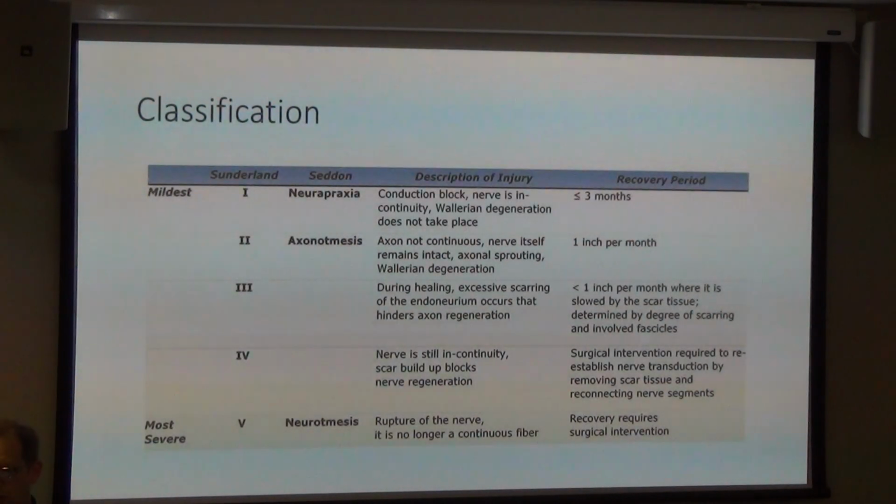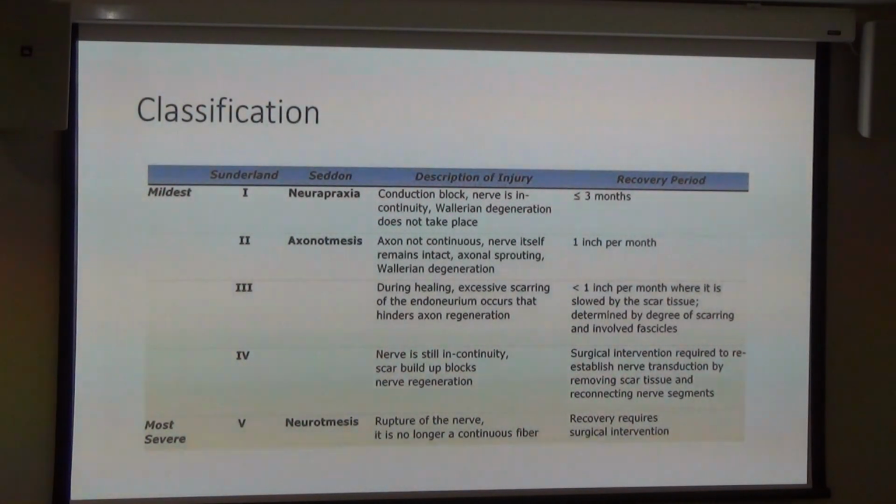I still think the Seddon classification is just more clinically appropriate. I would, however, break neuropraxia, which is your Sunderland 1, down into two, and that was described by Birch.